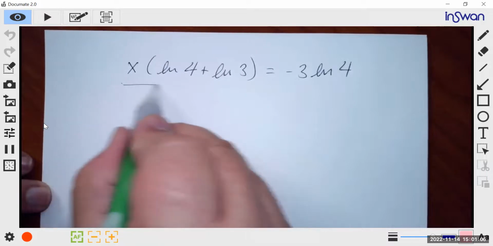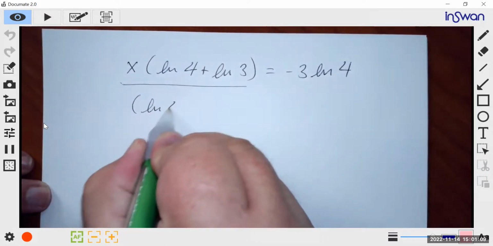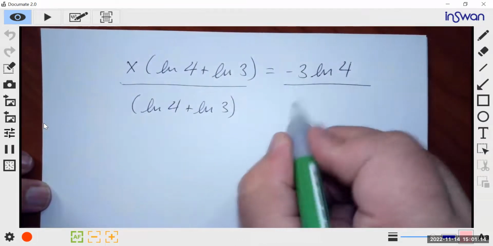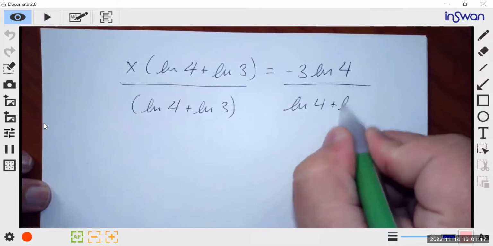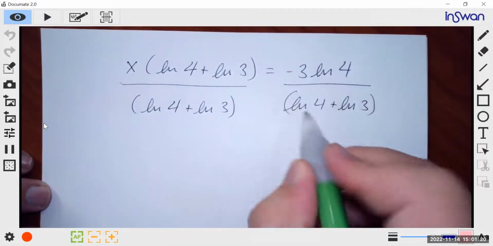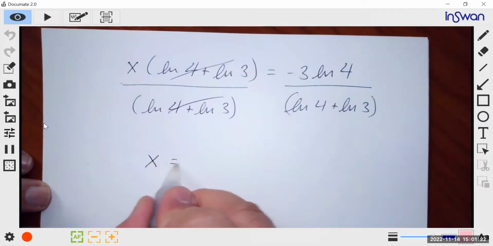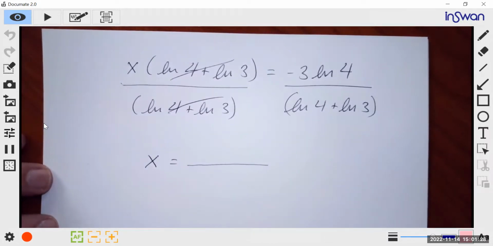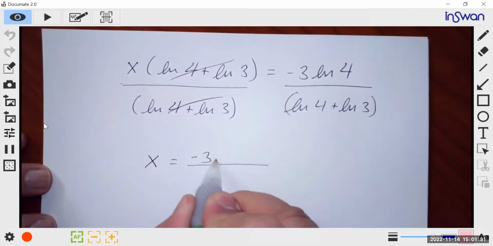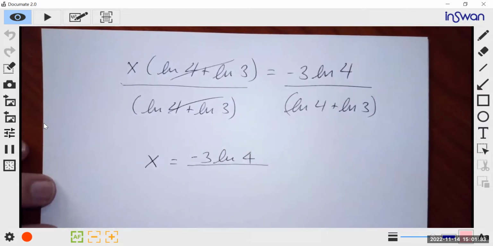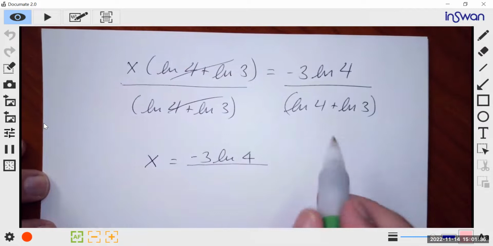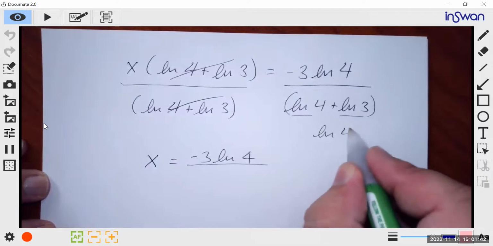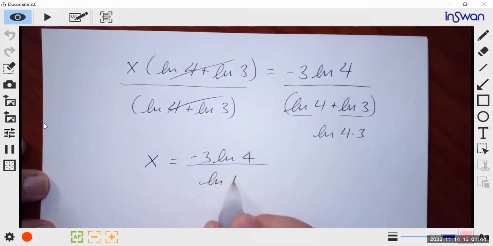Since it's multiplied, I divide. But look on the bottom, can I combine these two? 4 times 3, so it's ln 12 on the bottom.